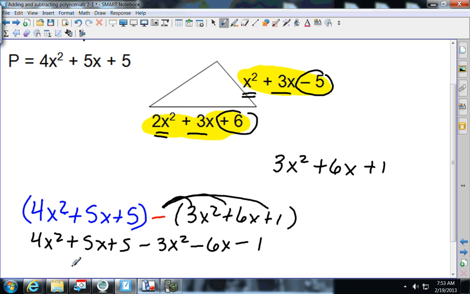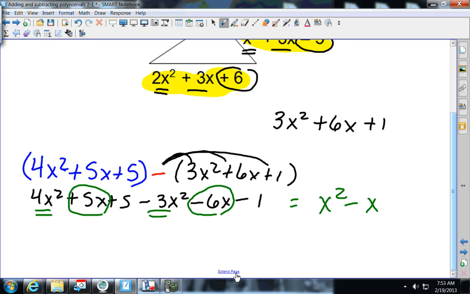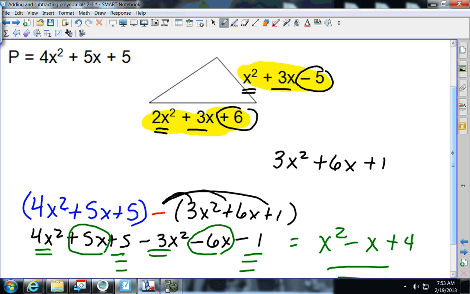Well, to find my answer, 4 minus 3, 4x squared minus 3x squared, 1x squared, 5x minus 6x, negative 1x, and 5 minus 1 is 4. This would be my missing side. X squared minus x plus 4.